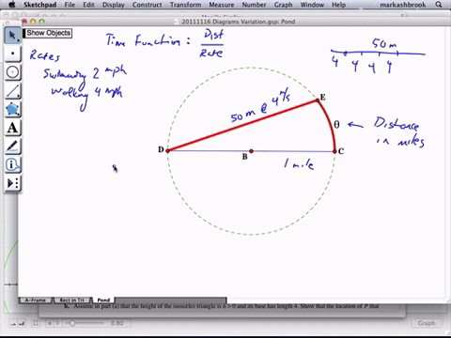Patrick? Theta over 4. Yeah, that's it. Because his distance is theta, and the rate's 4 miles per hour.